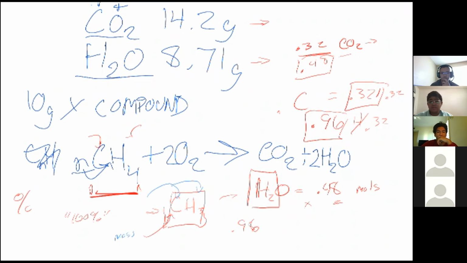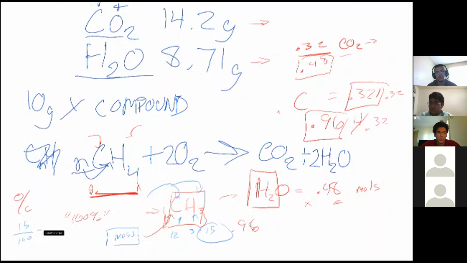Right. So we would try to find the total mass of this. Each carbon weighs 12, each hydrogen weighs 1, and then times 3, that's 3. So 12 plus 3, that's 15, right? Our total is 15. 15 is equal to 100%.